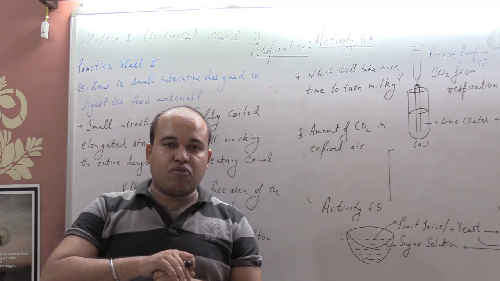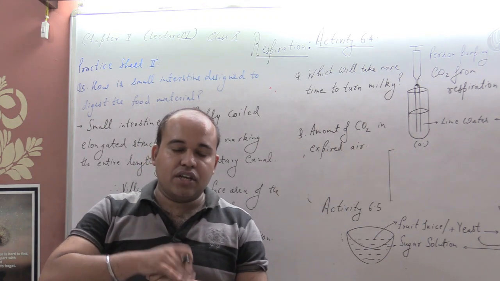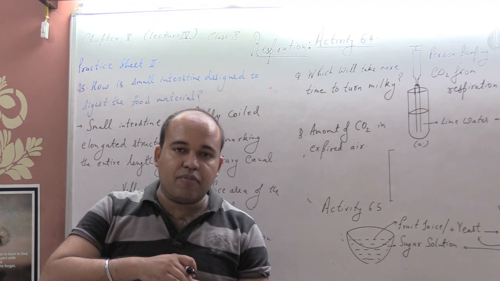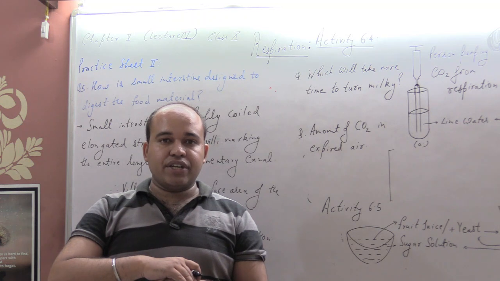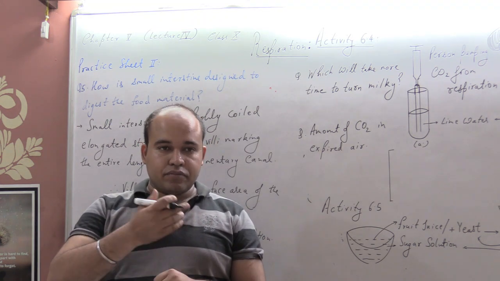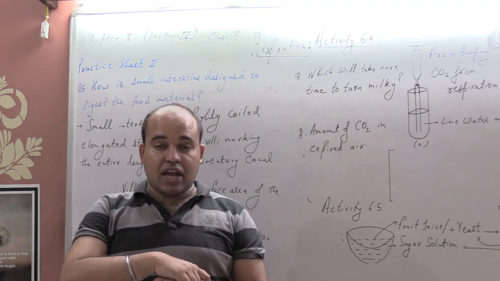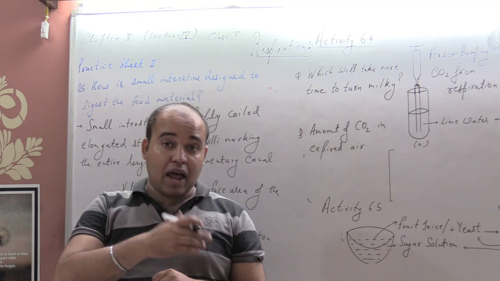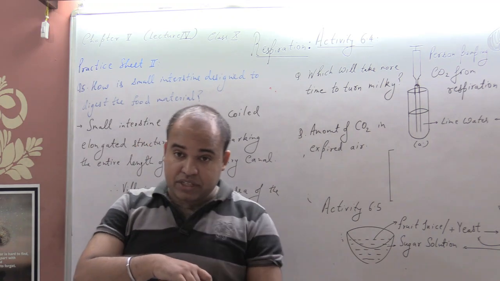In the small intestine, all three materials are completely digested. The proteins are digested with the help of proteases. Lipids undergo emulsification, where they are emulsified in the presence of bile salts, bile juice, and lastly, carbohydrates are completely degraded and then absorbed in the form of monosaccharides.